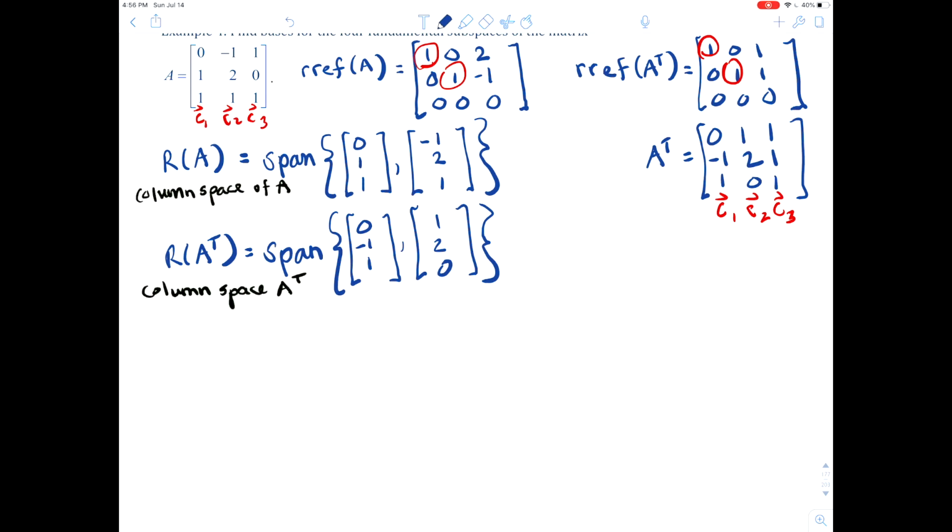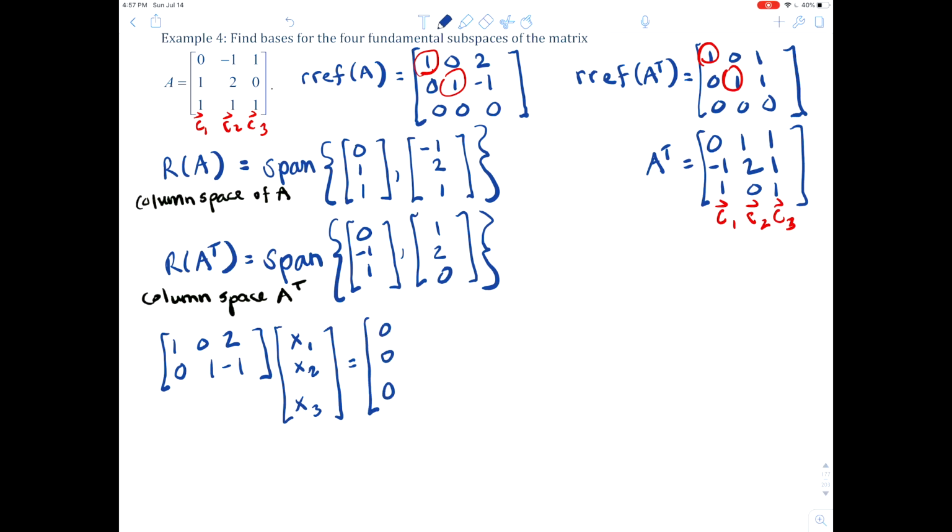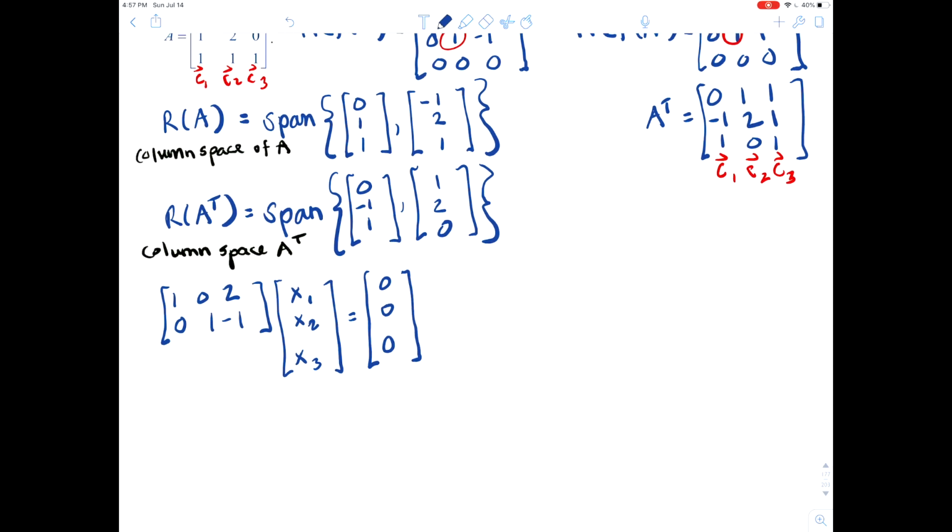Well, we already found the reduced row echelon forms of each, right? And so what do we have? You could have 1, 0, 2, so I'm using RREF of A, 0, 1, negative 1, times x1, x2, and x3 is equal to 0, 0, 0. We want to find all 3 by 1 vectors that'll yield a result of the 0 vector.